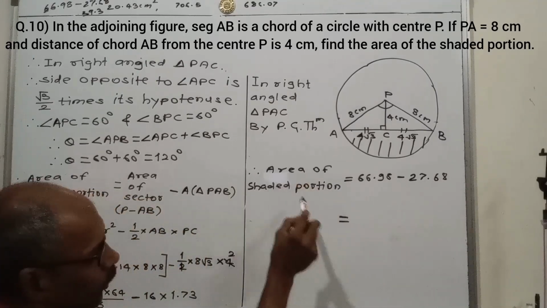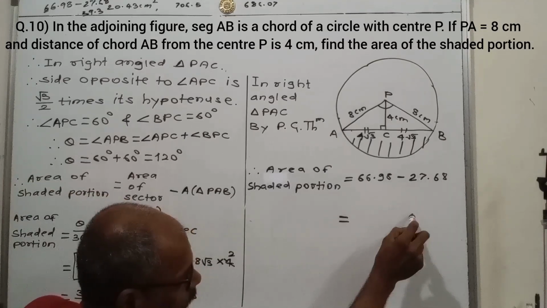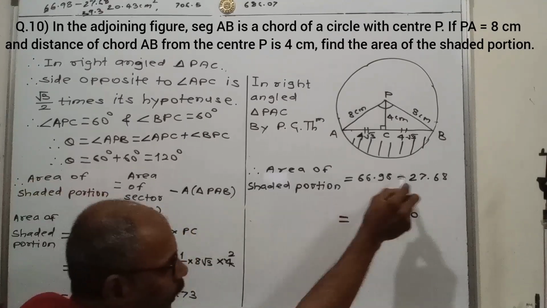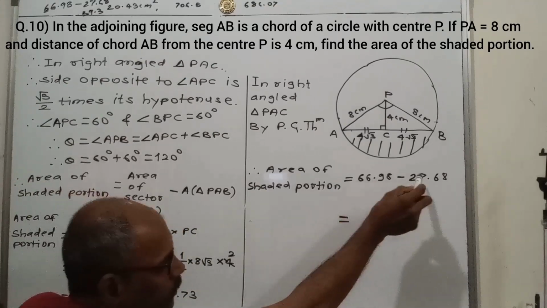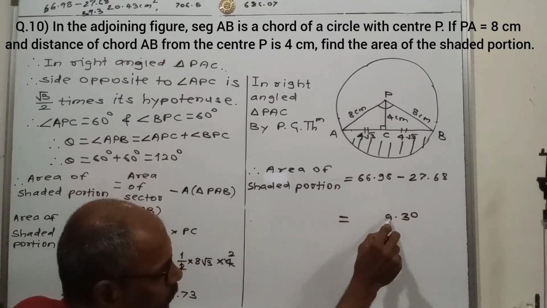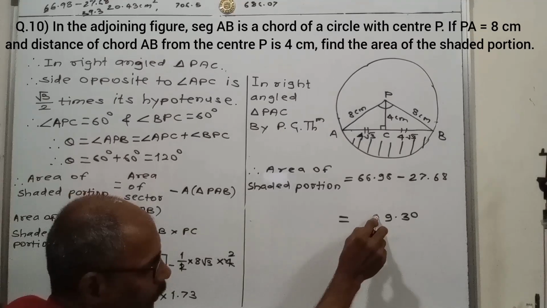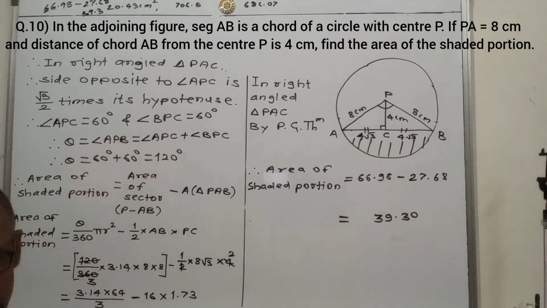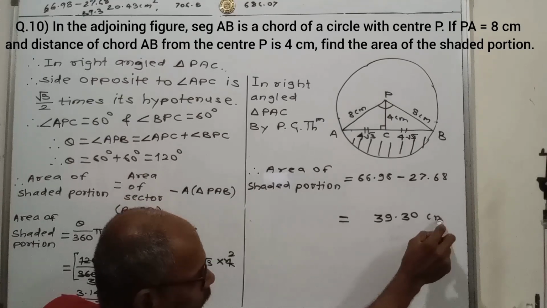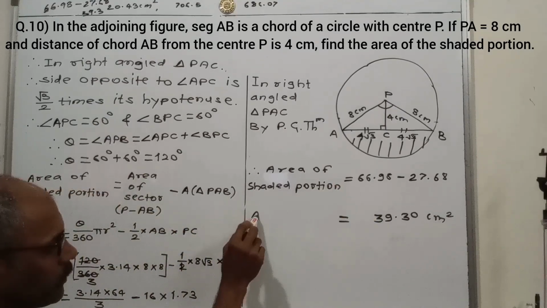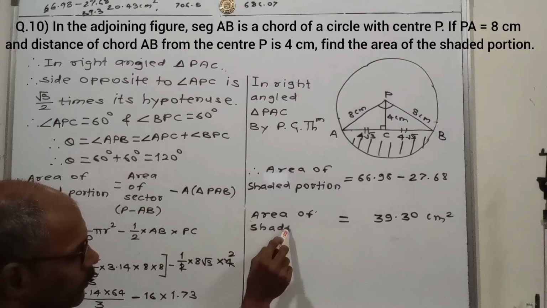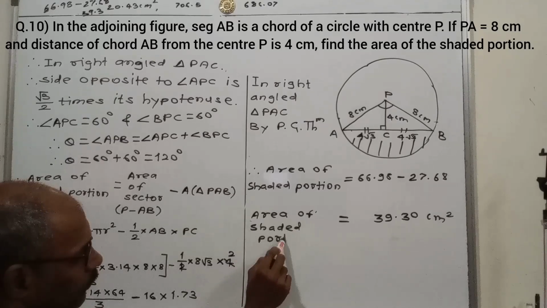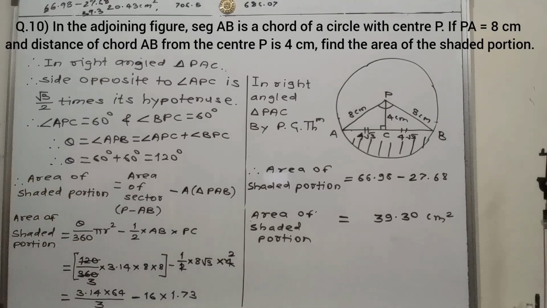Therefore, area of shaded portion, subtracting: 8 minus 8, 0, 9 minus 6, 3, then 16 minus 7, 9, carry 1, 6 minus 3, 3. This is centimeter square, means area of shaded portion is equal to 39.30 centimeter square.